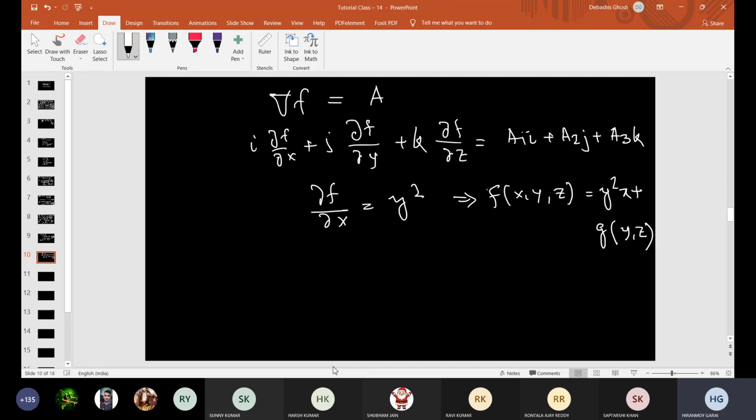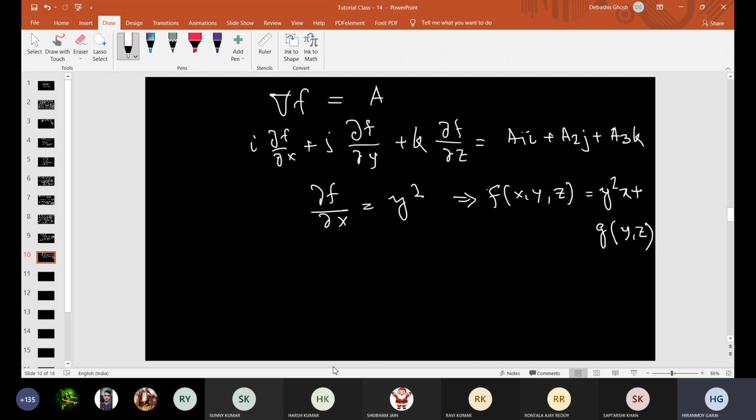So how do we compute it? That g of y z can be computed by taking the partial differentiation of this function with respect to y, and then we compare with a2. On comparison, the expression will come up in this form, and then we can get the value of g of y z in the form of g of z only, because y is again a constant.